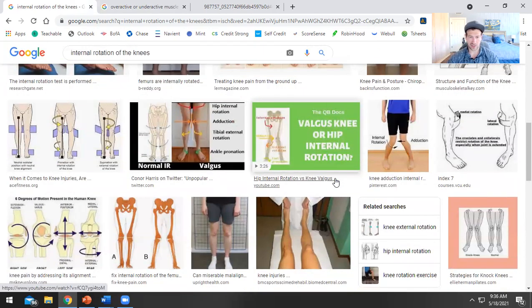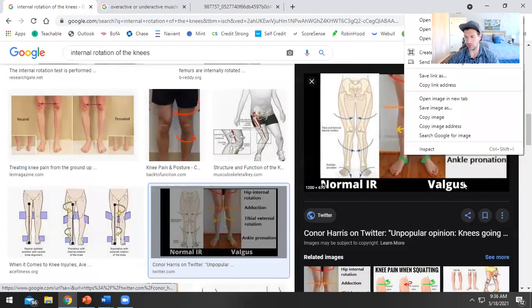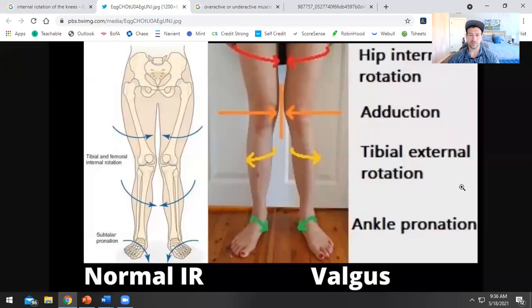There we go, there's a great one. That's not ideal. So here's that classic knees caving, right? You can see this person is very clearly collapsing their feet inward, and that's causing the knees to cave inward, and we're seeing this rotational inward movement here.